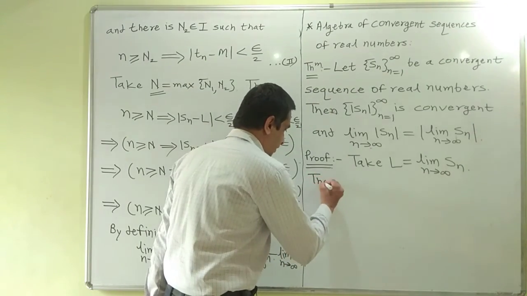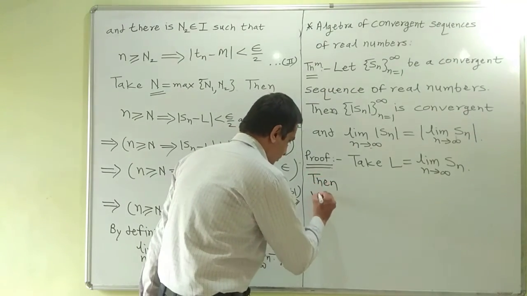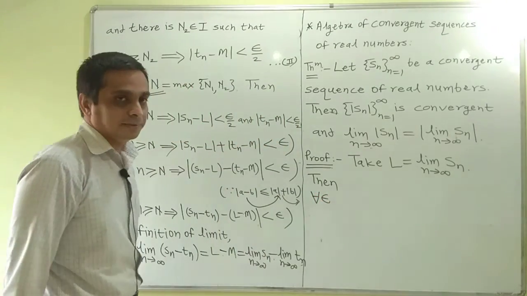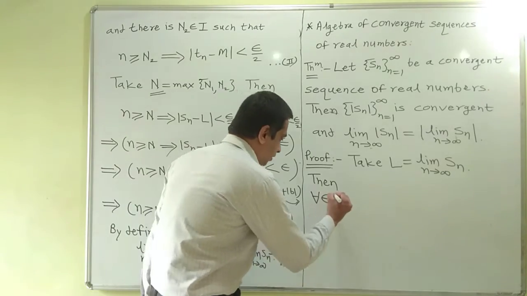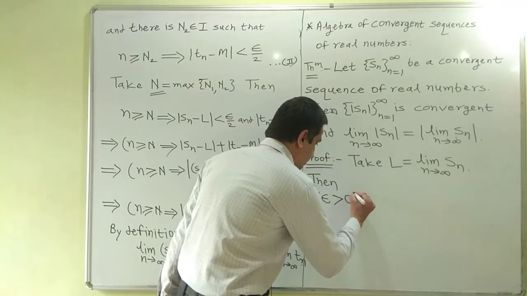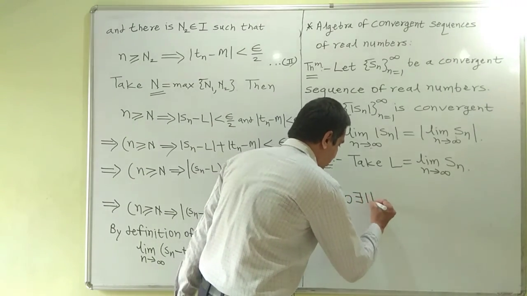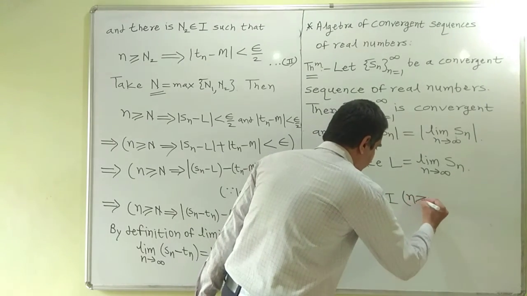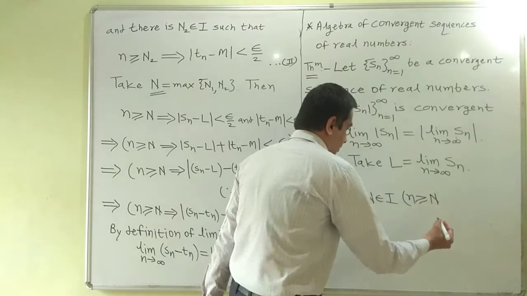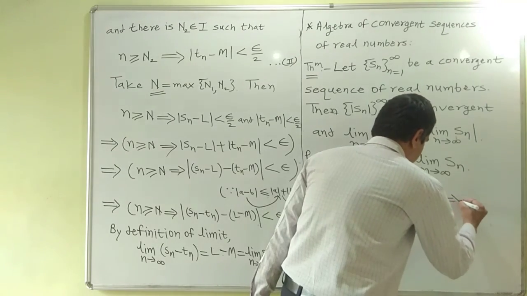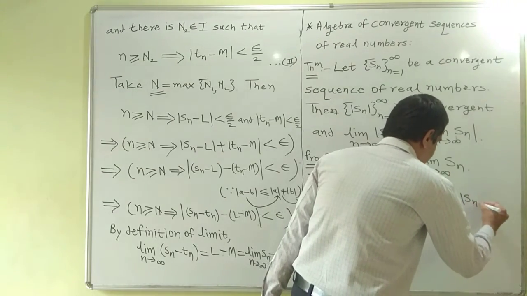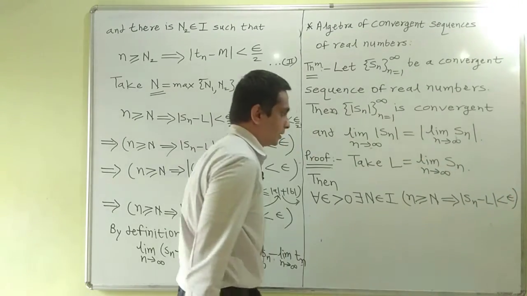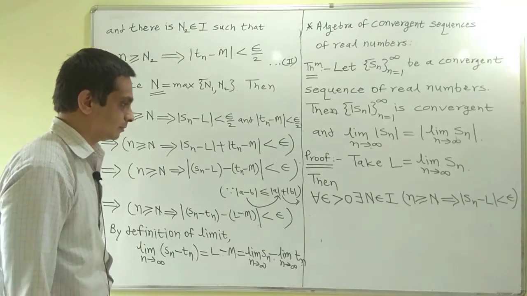Then by definition of limit, we are directly using the definition of limit. Then for every epsilon greater than 0, there exists N belongs to I such that whenever n is greater or equal to N, distance between Sn and L is less than epsilon, |Sn minus L| is less than epsilon.